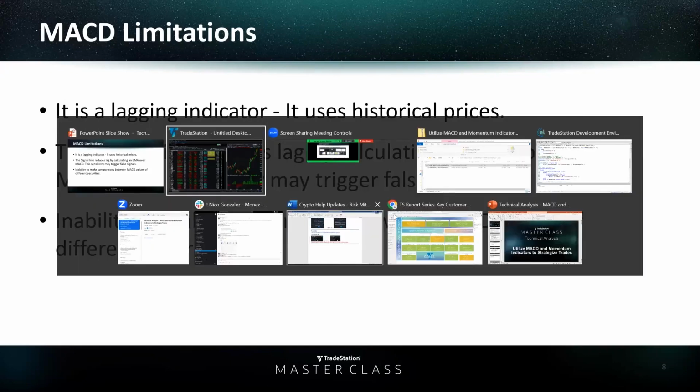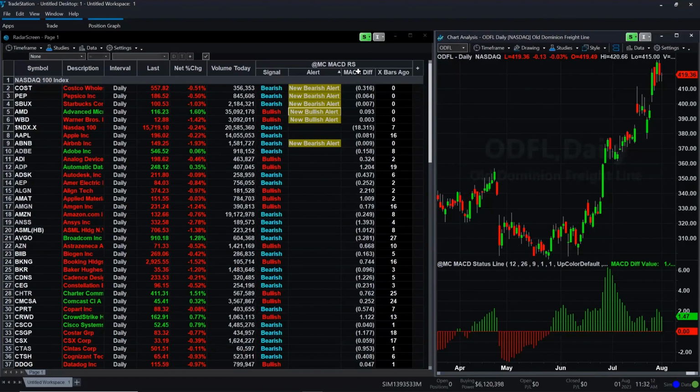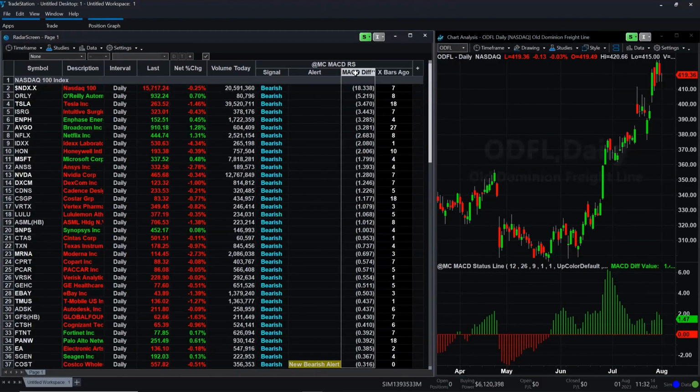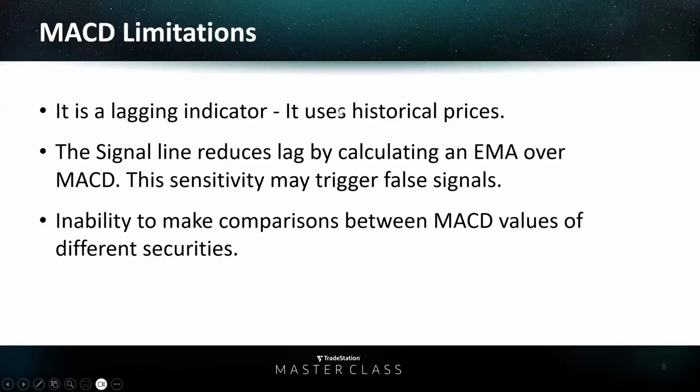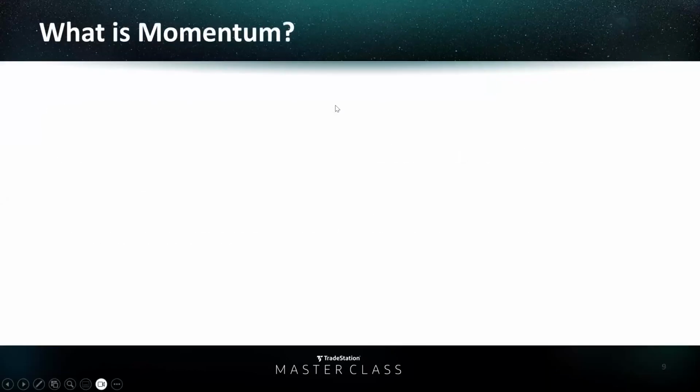So if I were to come here to my study and rank by the MACD, the fact that the NASDAQ 100 index has the highest or maybe the lowest negative value means nothing when compared to another symbol, because as I said before, the calculations are unique to the symbol and it's not designed to compare the MACD difference across different securities. Okay, so those are some of the limitations of the MACD.